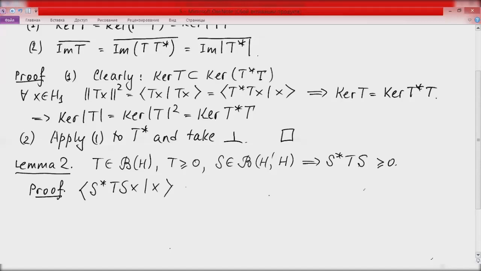Then use the definition of the adjoint operator and write this in the following form. And we see that this is the quadratic form of the operator T evaluated at Sx. So it is non-negative because T is positive. And that's it. So this implies that the quadratic form of S star TS is also non-negative. And this completes the proof of lemma 2.